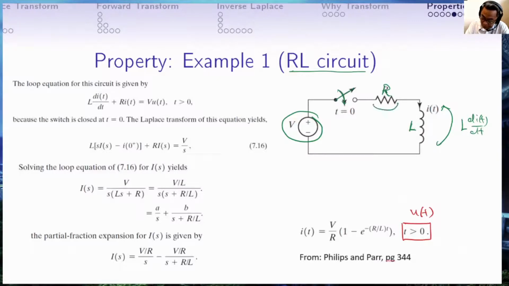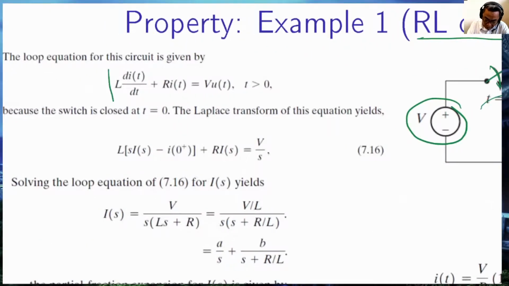The voltage drop across R is i(t) multiplied by the resistance, and by Kirchhoff's voltage law, the sum of the voltage drops across the entire circuit is 0. So we have the voltage drop across the inductor, L di/dt, the voltage drop across the resistor, i times R, as well as the voltage source.